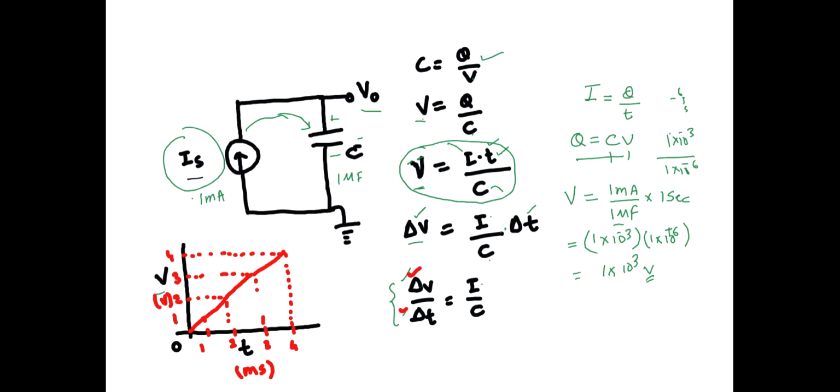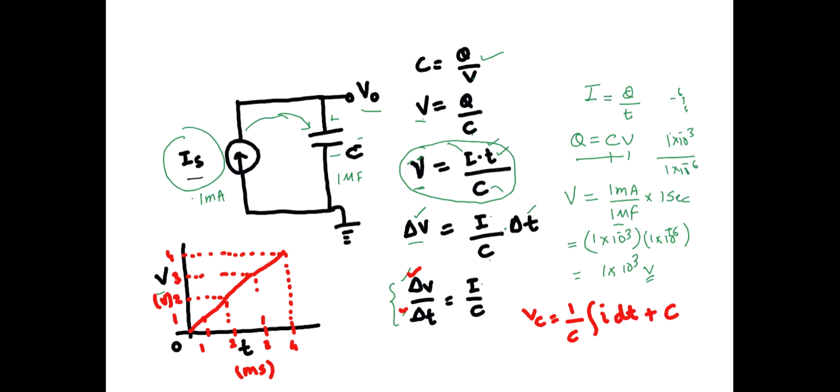There is one more equation. The voltage across the capacitor VC is given by 1 over C times the integration of the current with respect to time, plus a constant. The constant indicates the initial voltage across the capacitor.